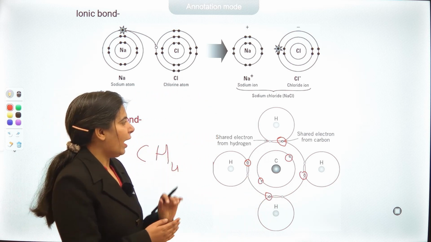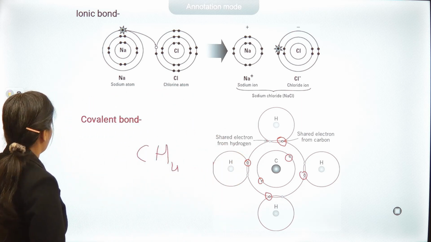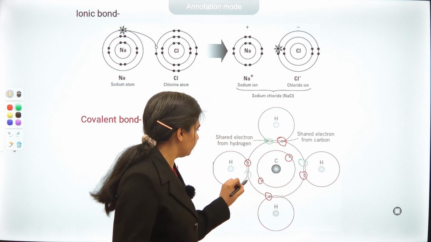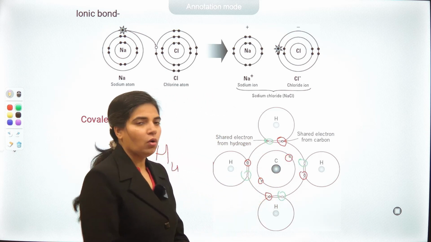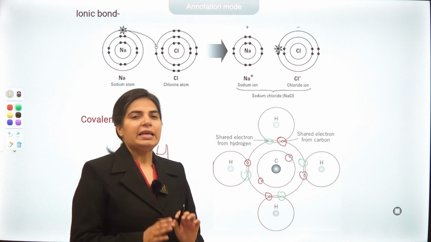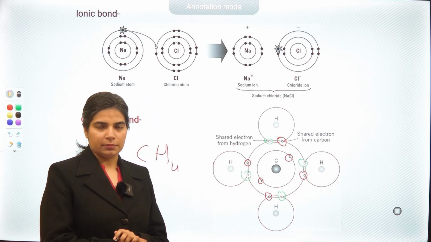And if I talk about hydrogen, each hydrogen has its own electron. Now what's happening? Each hydrogen is sharing its electron with the carbon.